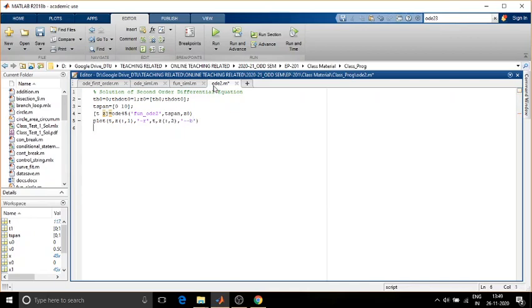If you want to write down the legend, that legend you can also write. The first is for the angular displacement, and second theta dot is angular velocity.